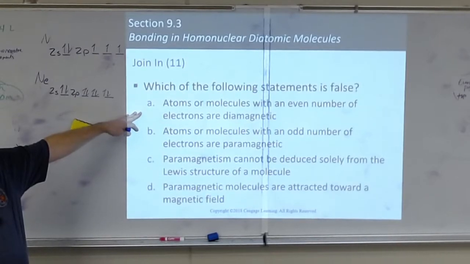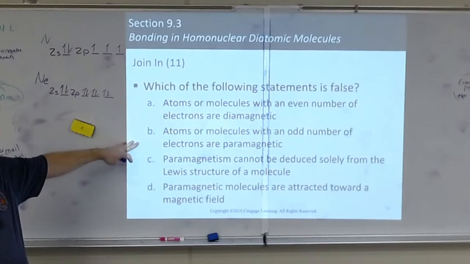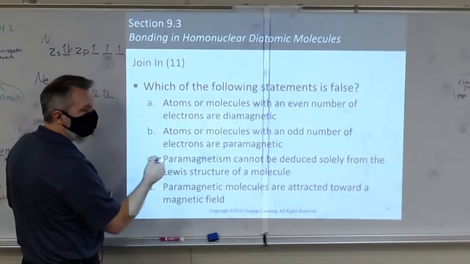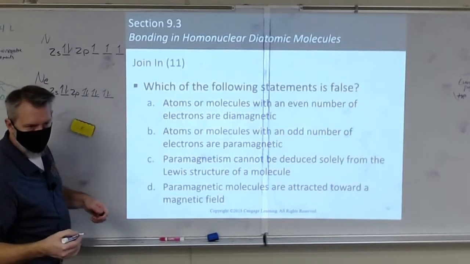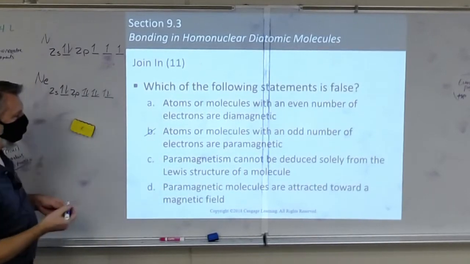Is this true or false? Y'all okay with that one? We just talked about that, right? If I've got an odd number of electrons, it has to be paramagnetic, yeah. So that's not going to be it.